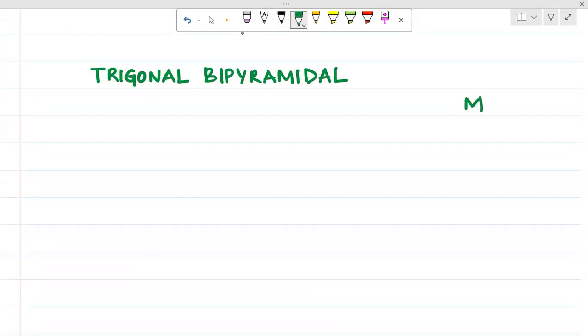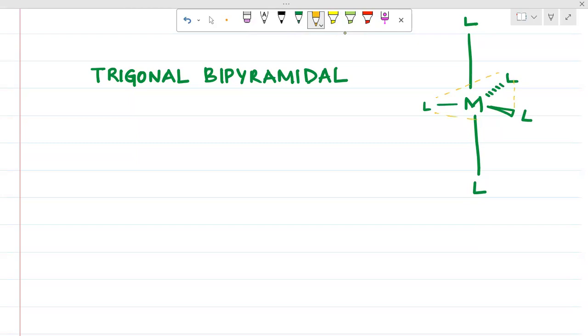You have a metal, two axial bonds along the z-axis, and you have three equatorial bonds forming a triangle in the xy plane. This is how it looks. Trigonal bipyramidal geometry. All right.